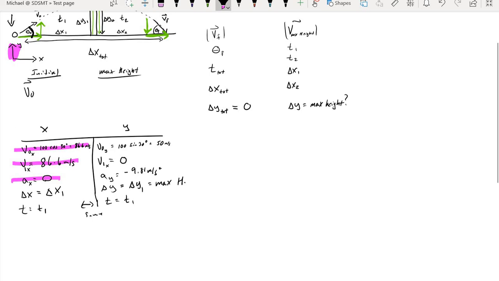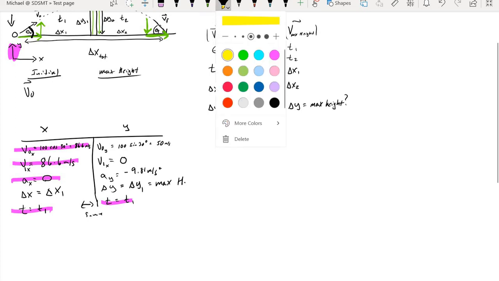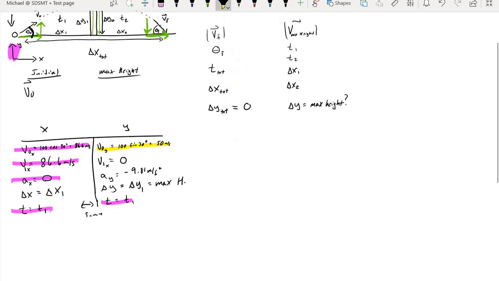So we will need to solve for the time, and that means we're going to have to focus our attention on the y-axis for right now. That's okay, because in the y-axis I do have 3 independent pieces of information that I can use to solve for the other 2. And that's exactly what we're going to do.